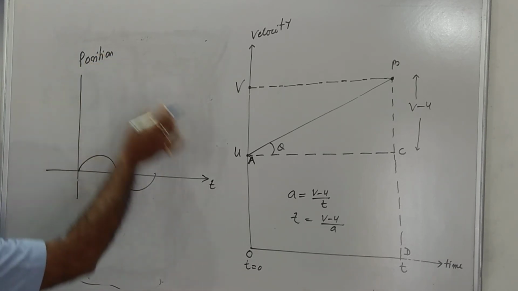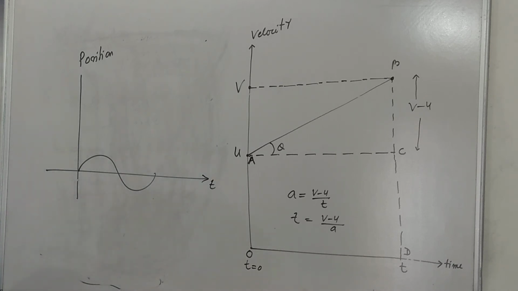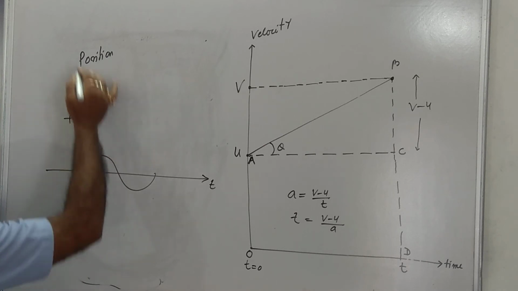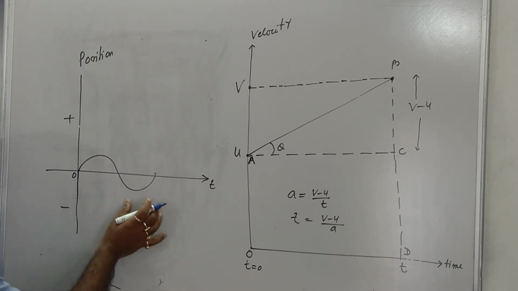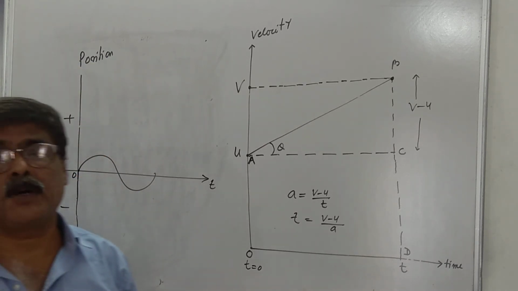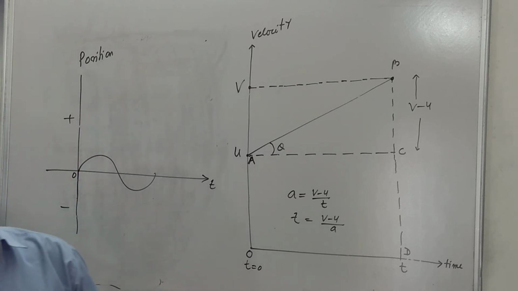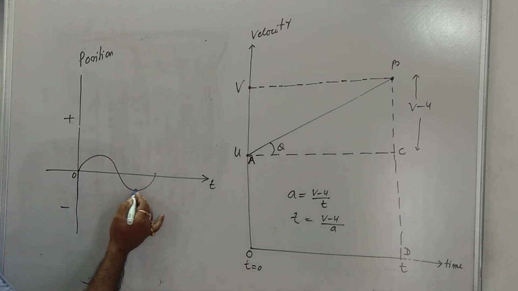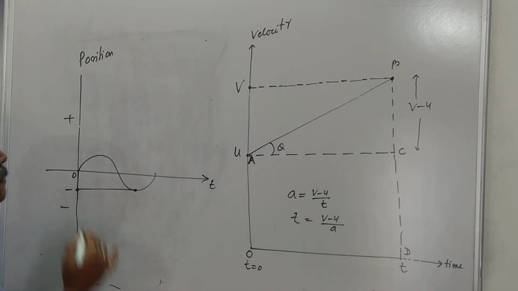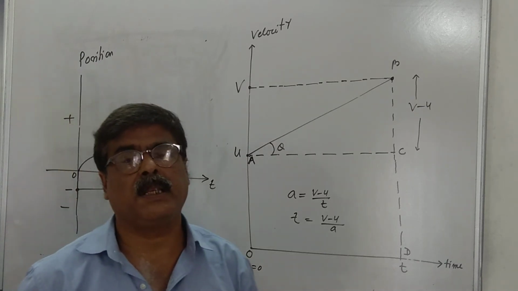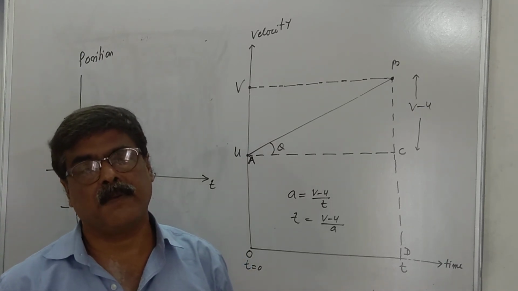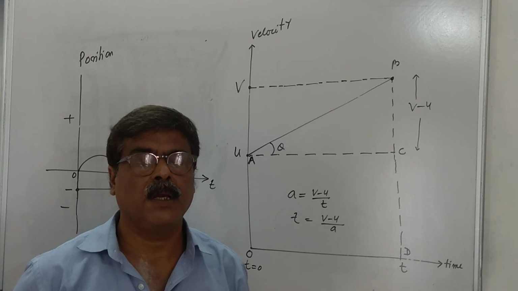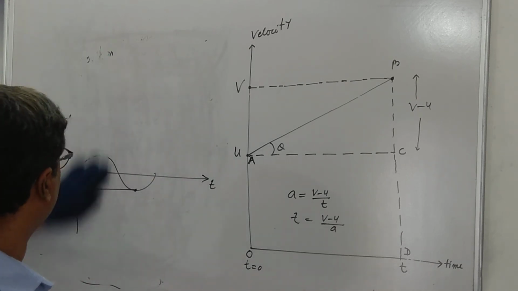This is the position time graph. Now the question is, this is O, this is the positive value of position, this is the negative value of position. Is this graph possible or not? Your answer is no. What is the reason? Because here the position is negative, and distance is never negative. Distance is never negative, so this type of graph is never possible.